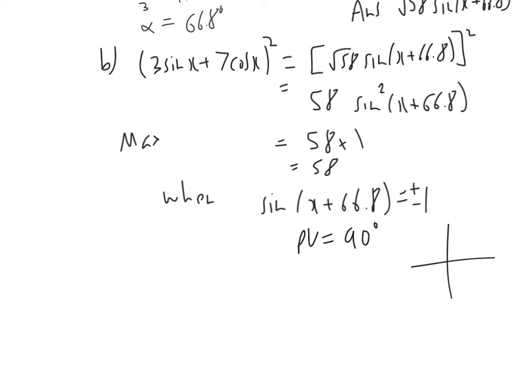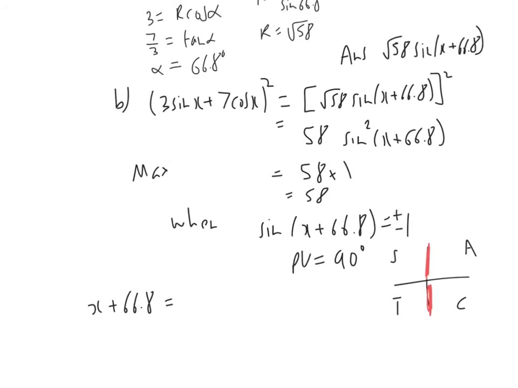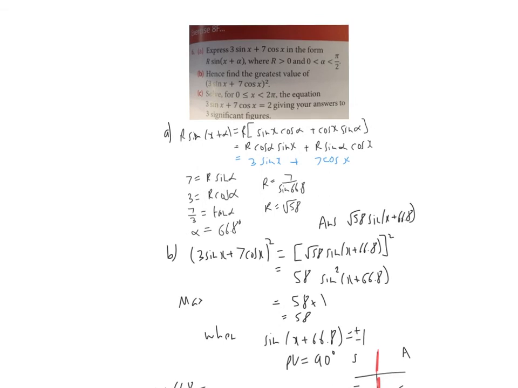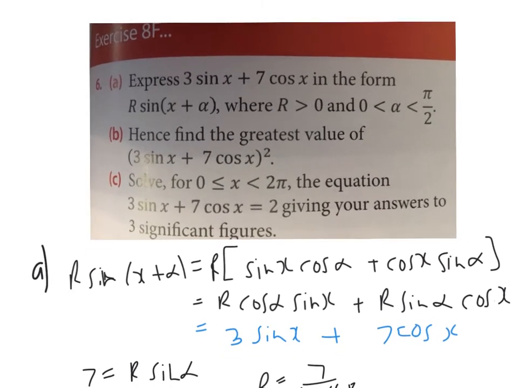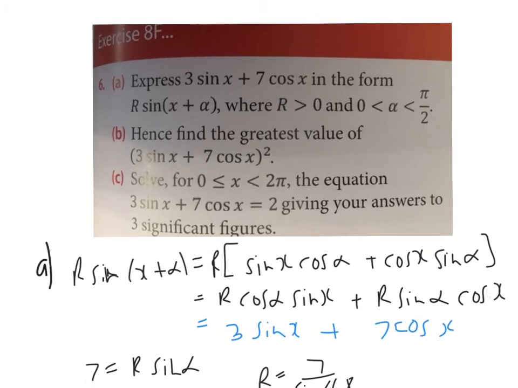And then on your CAST diagram, 90 degrees is going to be here for sine, if it's positive, and if it's negative, it's going to be here. So you'd end up with the principal value, x plus 66.8 is equal to, I need to check the range for x. It doesn't say. I'm going into too much depth in the question.